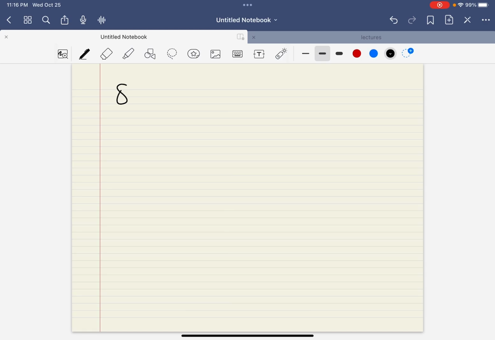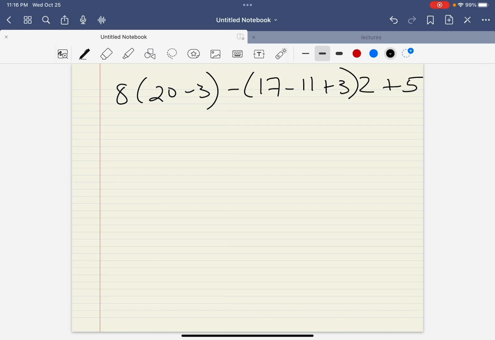is 8 parentheses 20 minus 3 parentheses minus 17 minus 11 plus 3 parentheses with that 2 right next to it, which again means multiplication, and then plus 5. So this is 8 times 17 minus 17 minus 11 is 6, and 6 plus 3 is 9, and that'll have to be multiplied by 2.